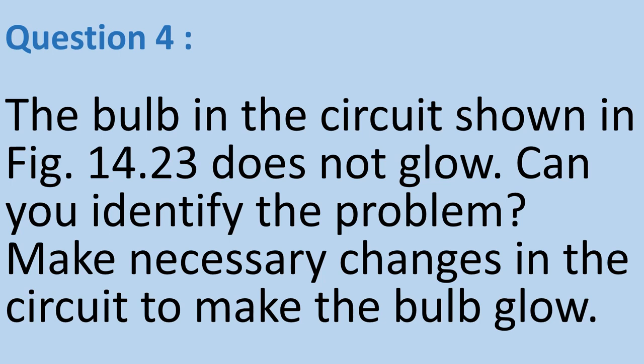Question number 4. The bulb in the circuit shown in figure 14.23 does not glow. Can you identify the problem? Make necessary changes in the circuit to make the bulb glow.